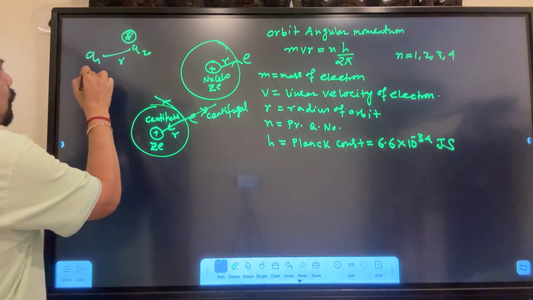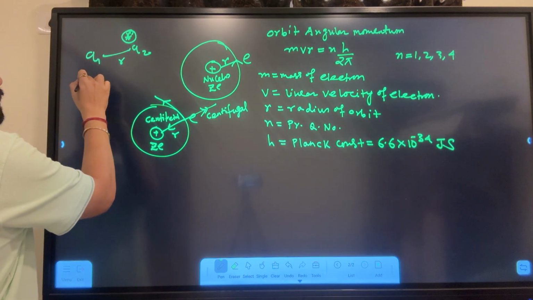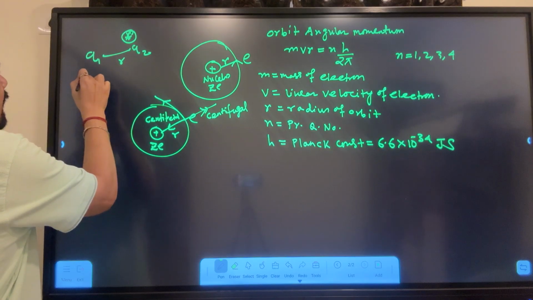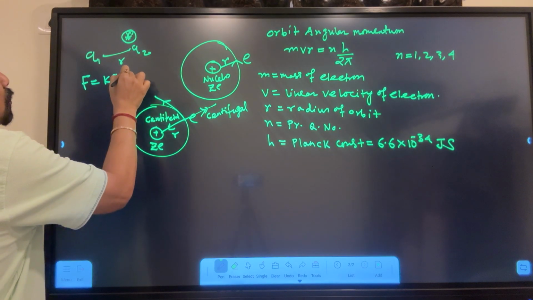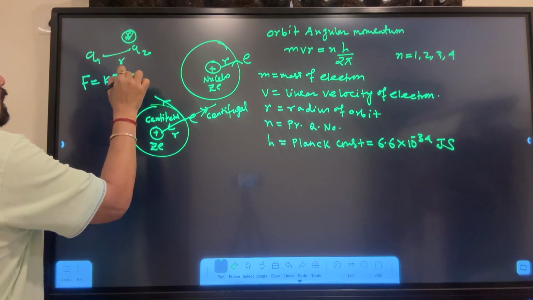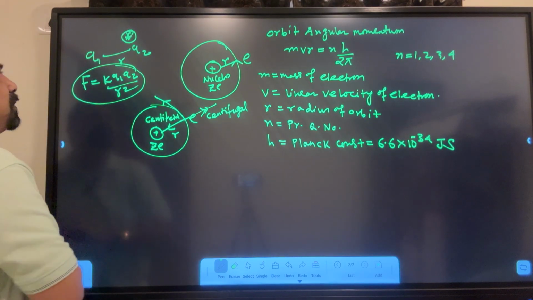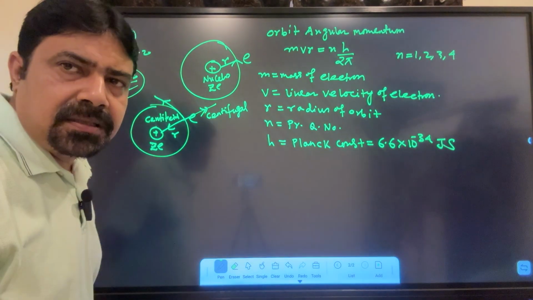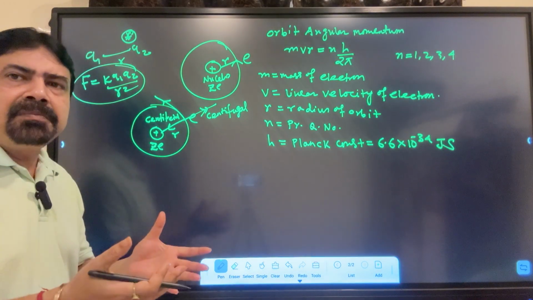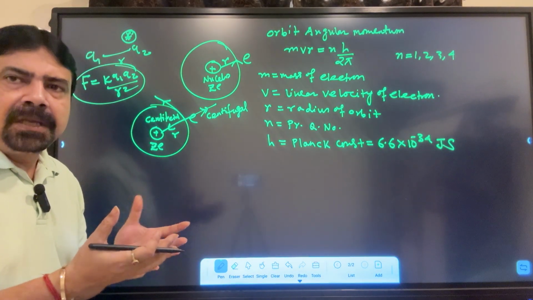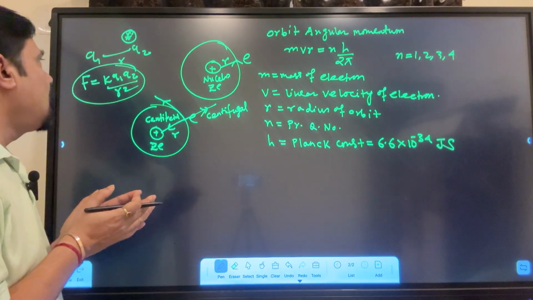As per Coulomb's law, the force we can write as K Q1 Q2 by r square. If attraction is there, energy will be released, so the sign will be minus. Whenever repulsion is there, energy will be absorbed, so positive. That's why K Q1 Q2 by r square.